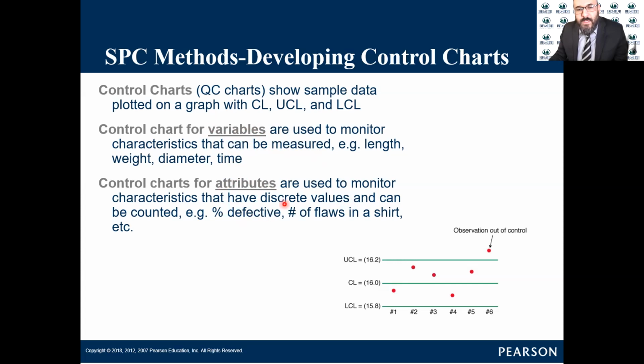If you deal with something that describes the data, such as yes or no, or how many bulbs are broken, that would be an attribute. And there is a big difference. So now we have to identify the difference between the variable and attributes, because once we know the data, we could pick one of these charts to use.